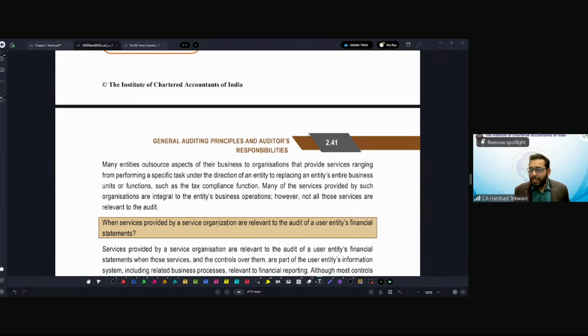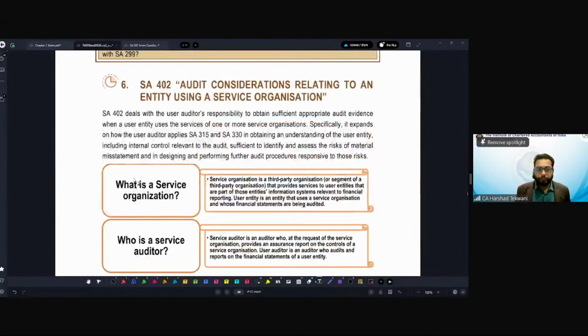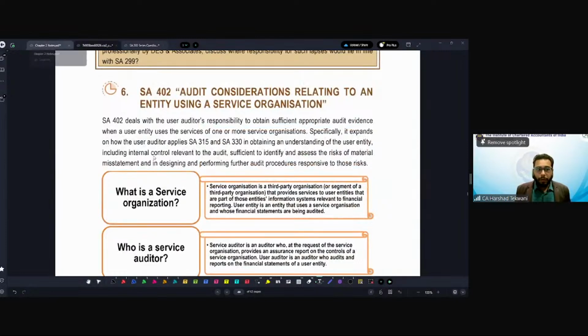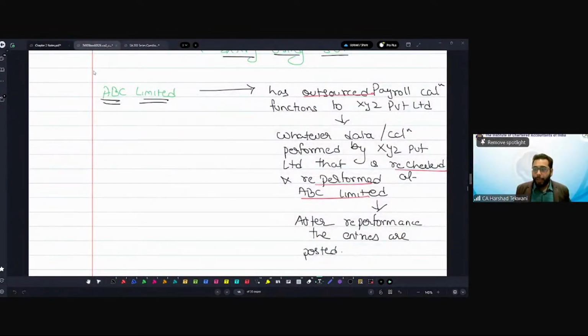These are the complementary user entity controls that complement, or are in addition to, whatever controls are over there, but they are not controls on a standalone basis that I should rely upon. I hope you understand the point.